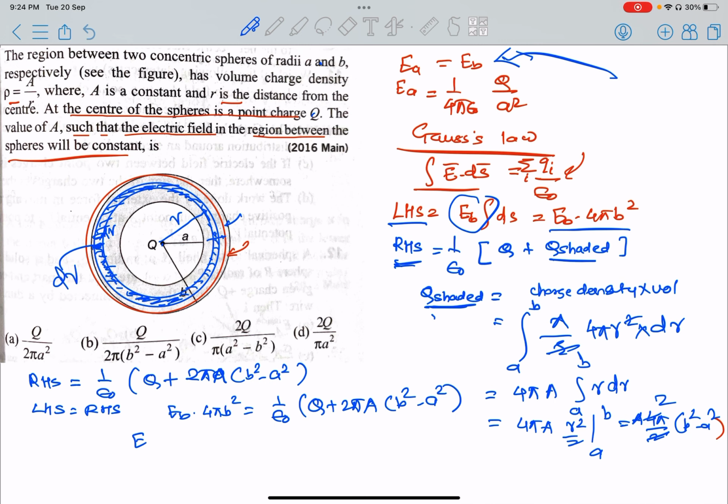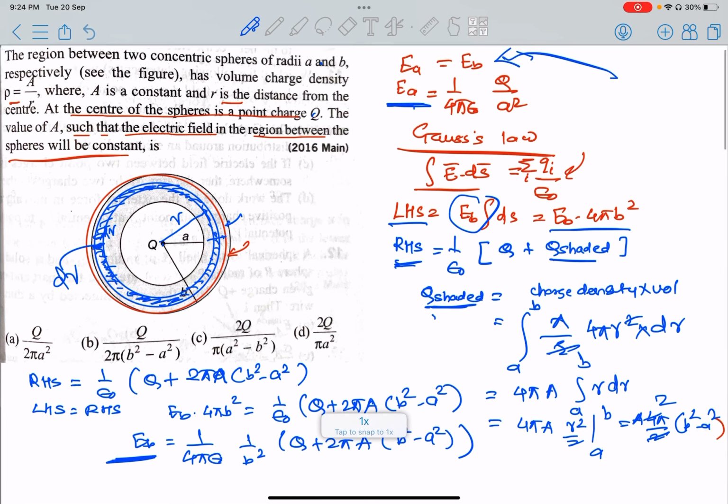So what is the EB I get? EB is 1 upon 4 pi epsilon naught times 1 upon b squared times q plus 2 pi A times b squared minus a squared. So I have EB, I have EA.